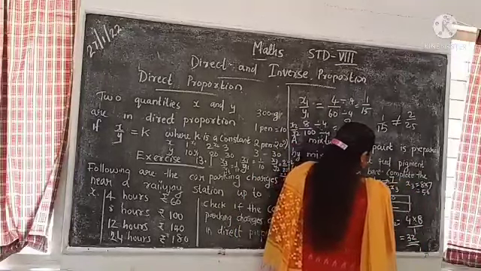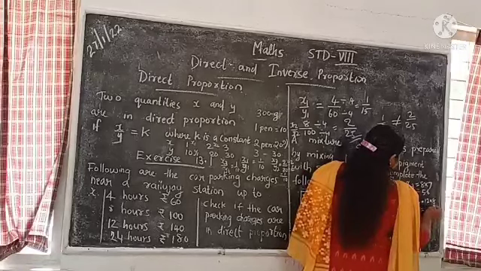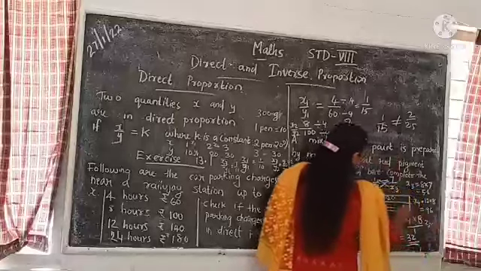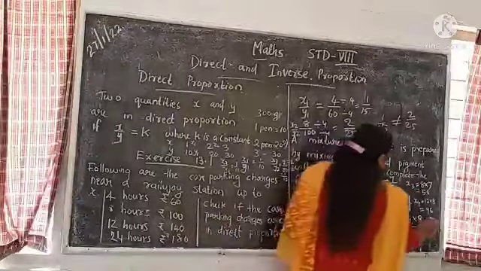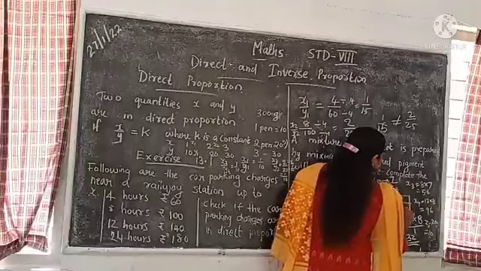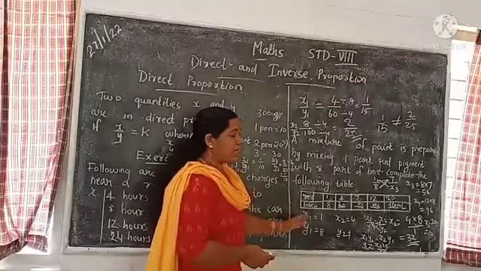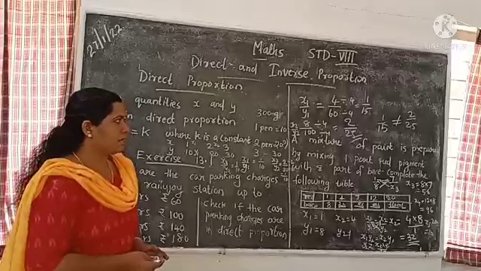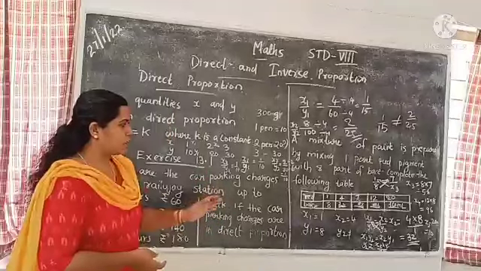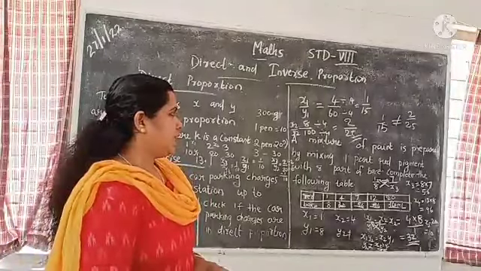Similarly, y4 is equal to 12 into 8, that is equal to 96. y5 is equal to 20 into 8, that's equal to 160 ml. For finding, we can use the formula x1 by y1 is equal to x2 by y2. On cross multiplying and rearranging, we can find the values of y2, y3, y4 and y5. Okay, next questions will be done in the next class.